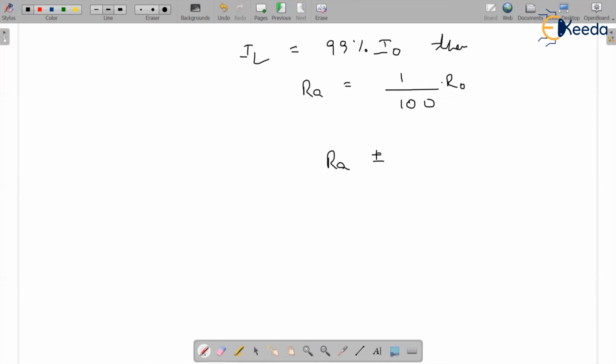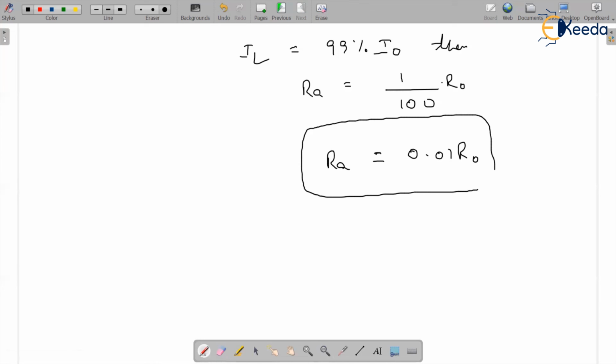Therefore, RA is equal to 0.05 R naught. So this is the loading effect for series connected meters. Thank you.